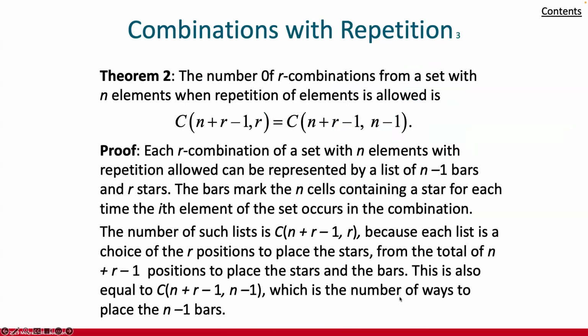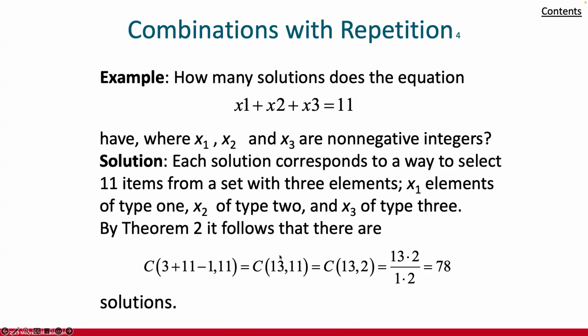So here is another theorem: the number of combinations from a set with n elements when repetition of elements is allowed. I'm not going to walk through the proof, once again trying to keep this at a high level and just focus on the concepts.